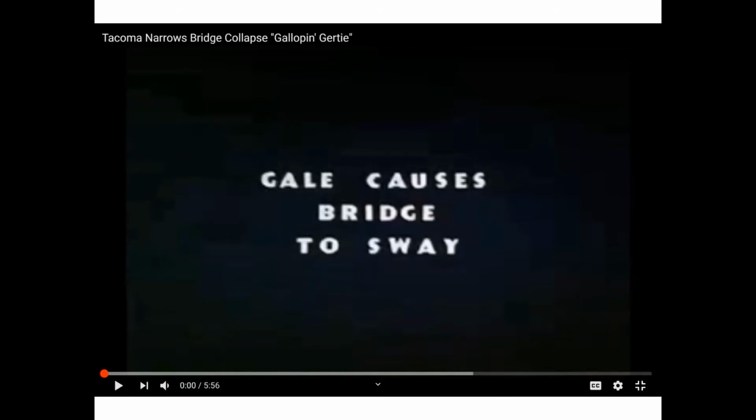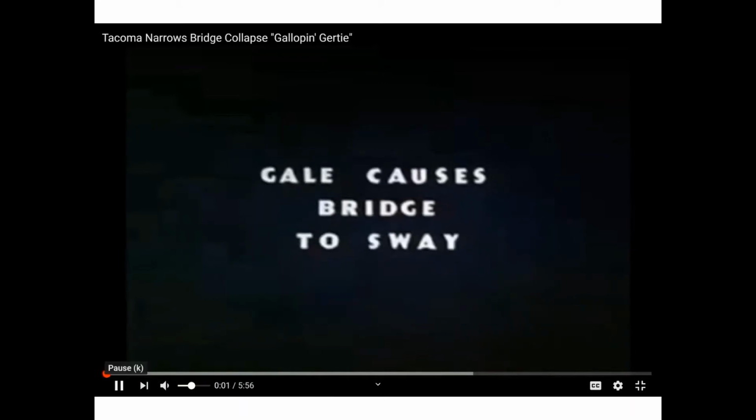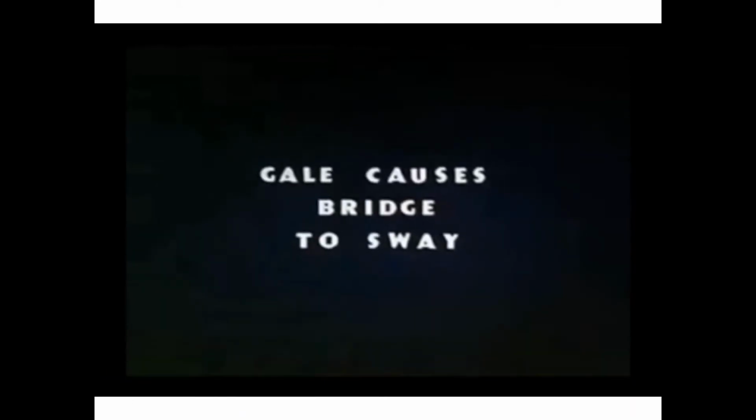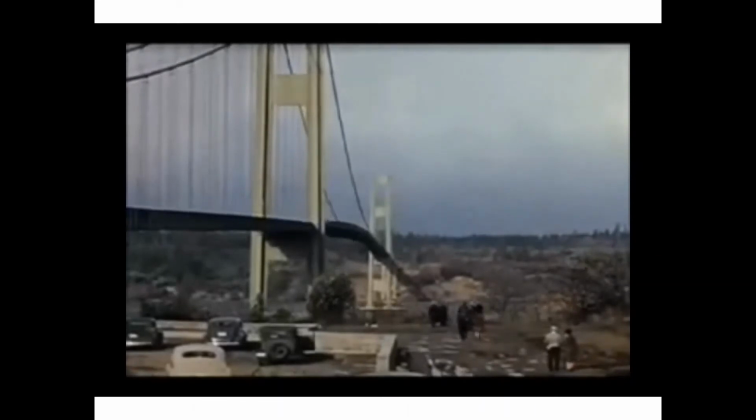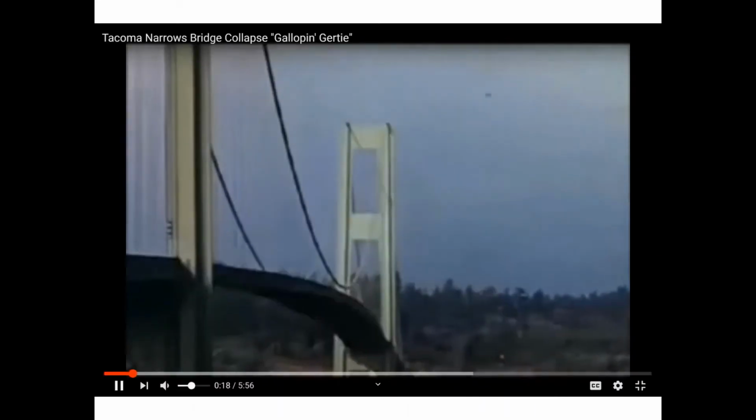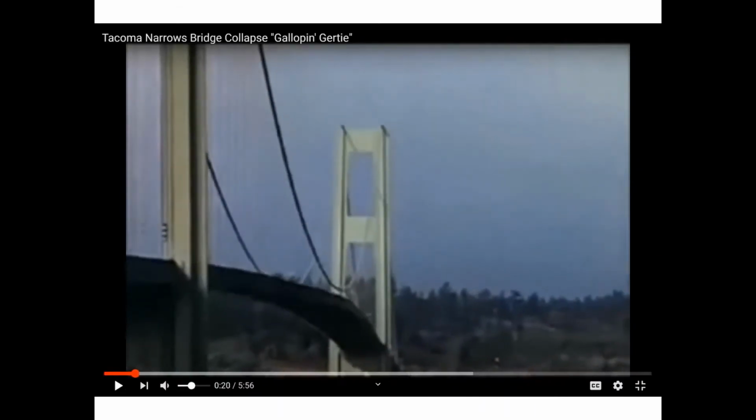It happened probably in the 1950s. Can you watch the deck of the bridge? Can you watch the effect of the wind on this bridge?